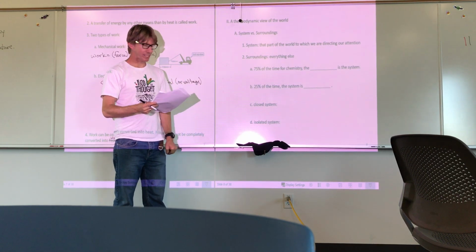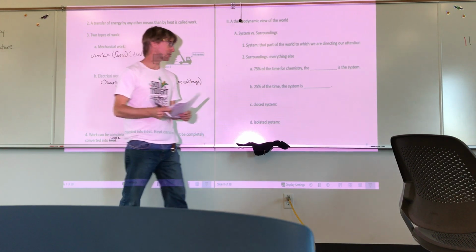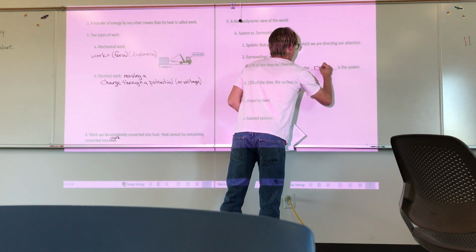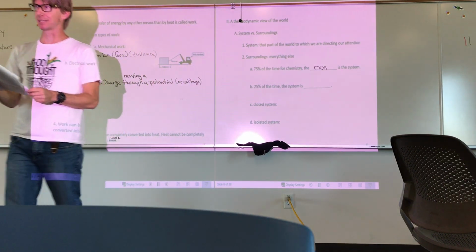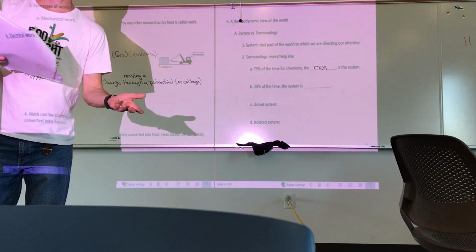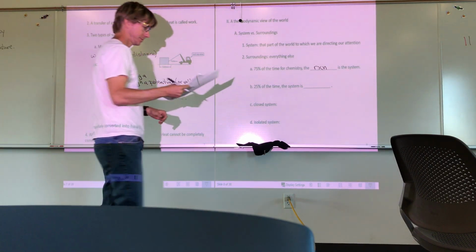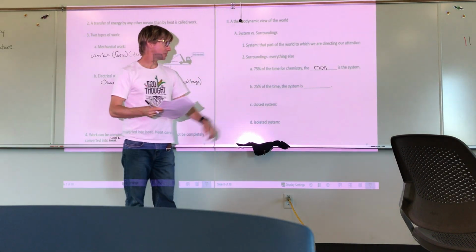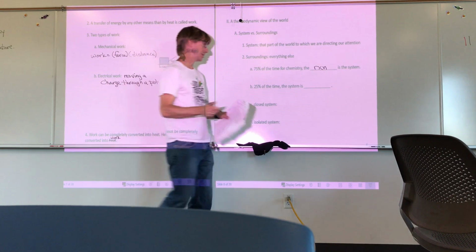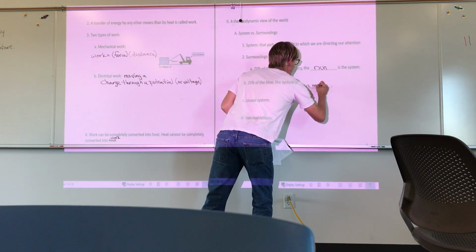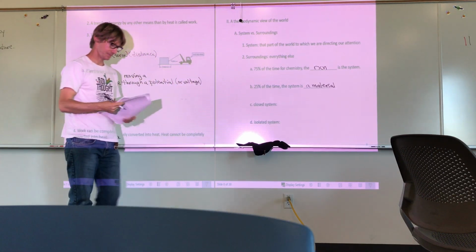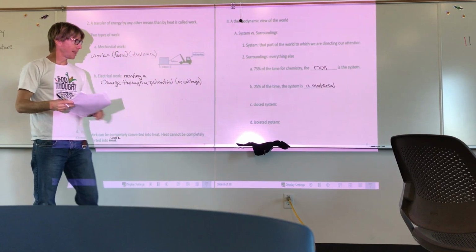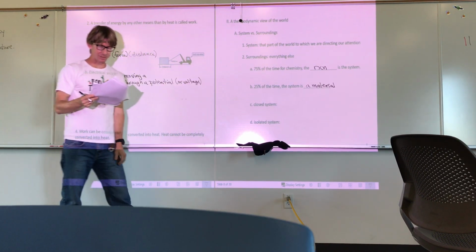75% of the time for chemistry, the reaction, where I've abbreviated reaction RxN, the reaction is the system, and you'll be given the reaction. 25% of the time, the system is a material. And I'll say more about that in a slide or two.